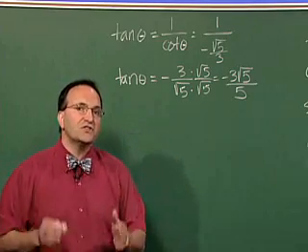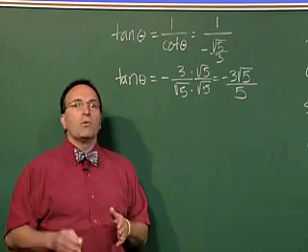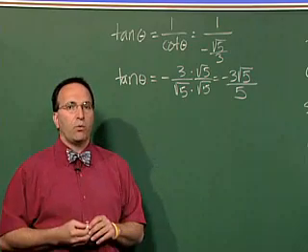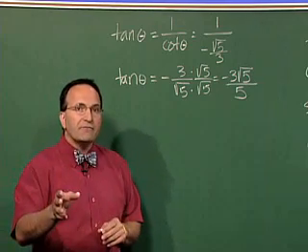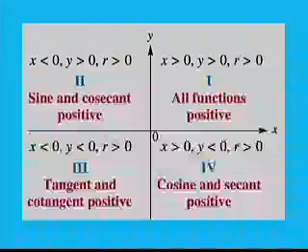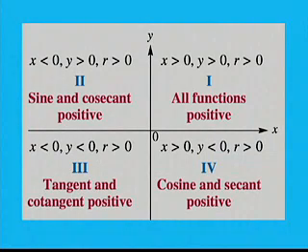So all 6 trigonometric functions will have positive values in quadrant 1. What about the other quadrants? Here's a graphic that shows the relationship of the trigonometric sine values to the quadrants in which the angle theta's terminal side lies. So we have, of course, as I said, that in quadrant 1, all the functions are positive.